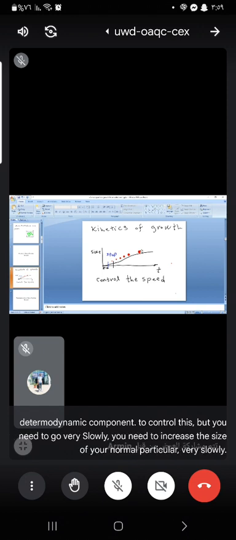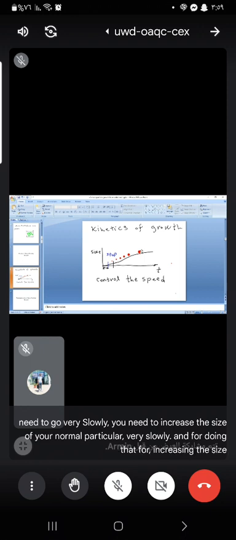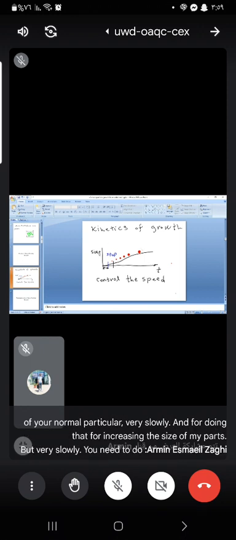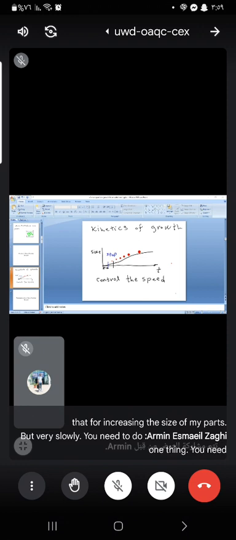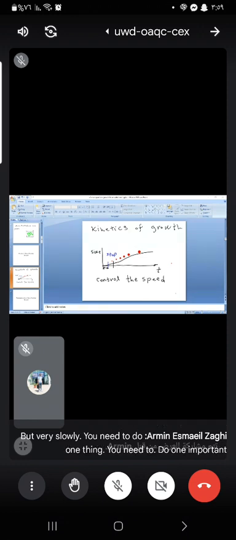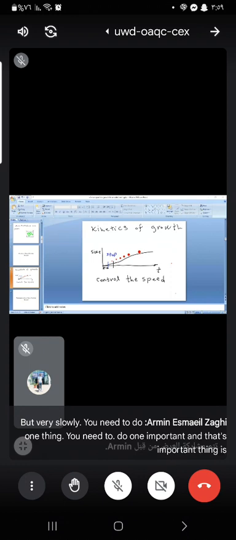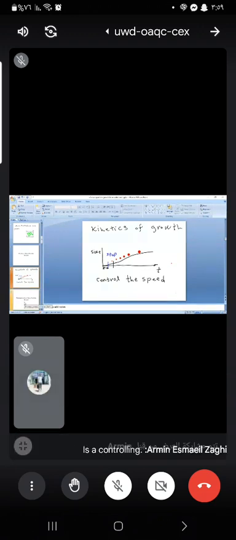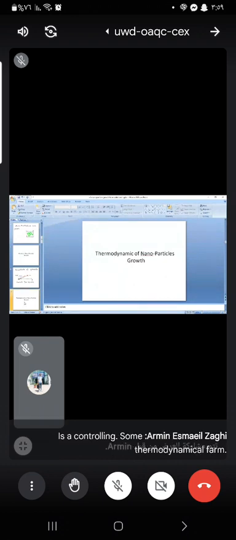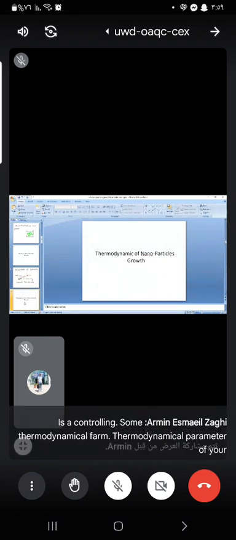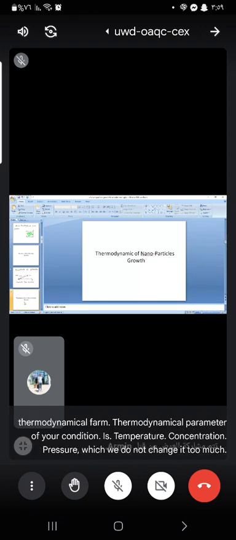And for doing that, you need to do one important thing, and that important thing is controlling some thermodynamical parameters. Thermodynamical parameters of your condition are temperature, concentration, and pressure, which we do not change too much.